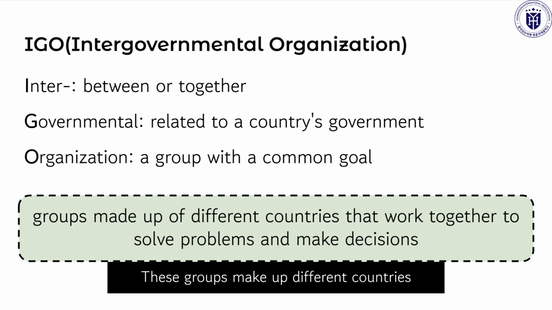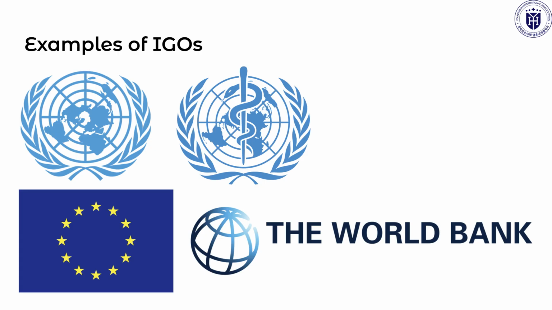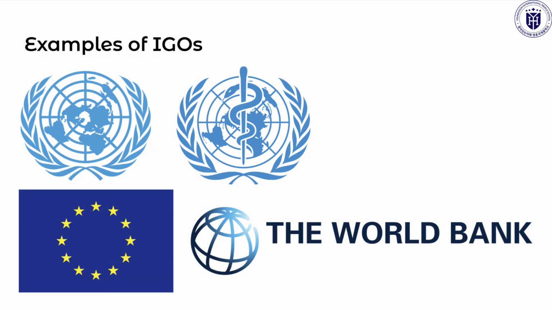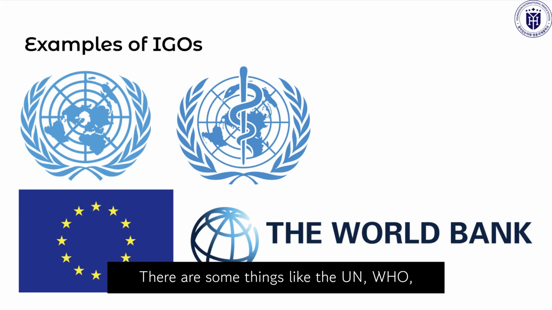These groups are made up of different countries that work together to solve problems and make decisions. Examples of IGOs. There are things like the UN, WHO, the European Union, and even the World Bank.